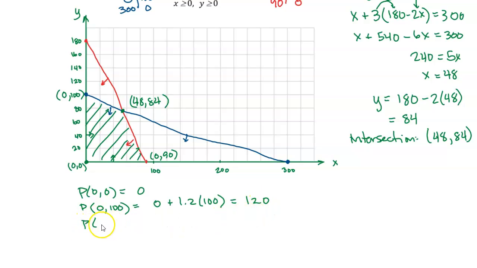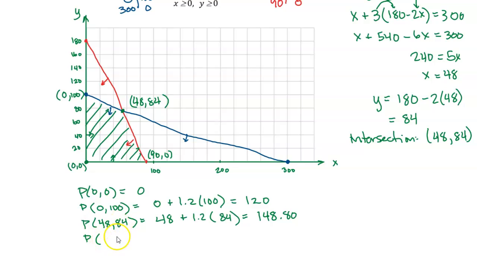All right, let's keep moving our way around. The next corner is the one I just found, 48, 84. If I plug that in, I get 1 times 48, because I'm making $1 profit on each of the type A, and $1.20 profit on the type B, so 84. If I add that up, I get $148.80. Now I just realized that I marked this point wrong, because this should actually be 90, 0.